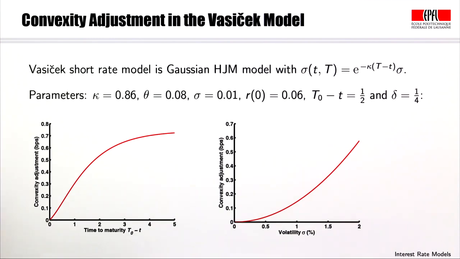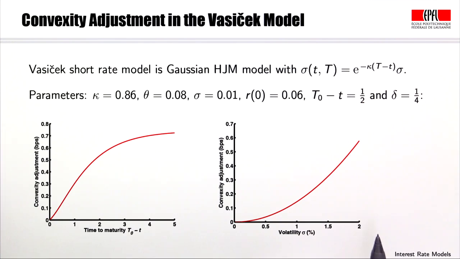The plot on the left-hand side shows the convexity adjustment as a function of time to maturity. We see in this example that the convexity adjustment is smaller than a basis point for times to maturity up to 5 years.